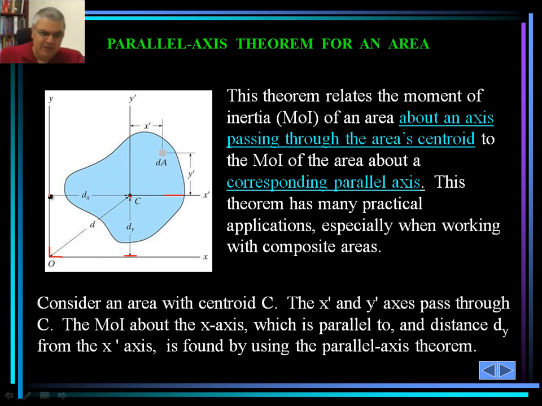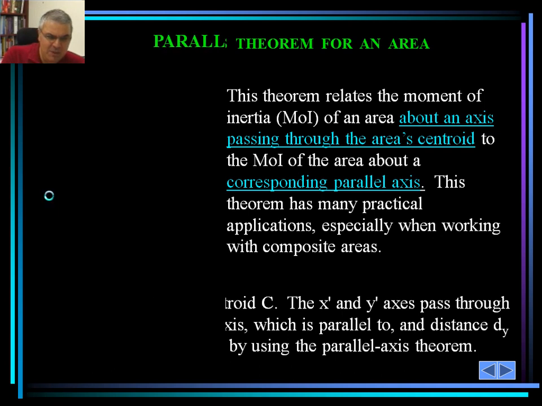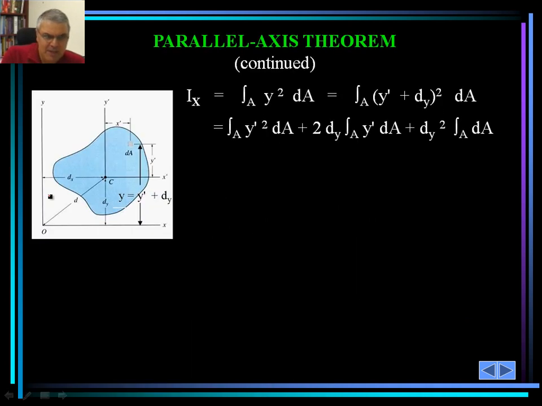So these conditions must be met. If we meet those conditions, then we can use the parallel axis theorem. Now, what this theorem says is we cannot really use it without first finding the moment of inertia about the centroid.